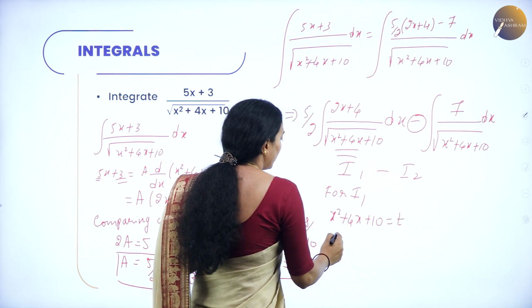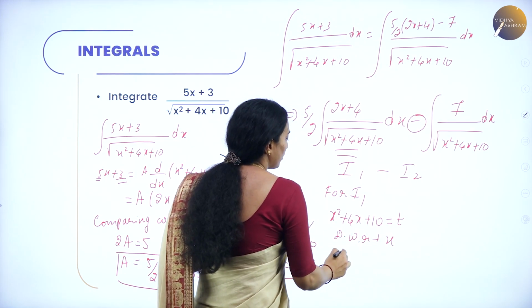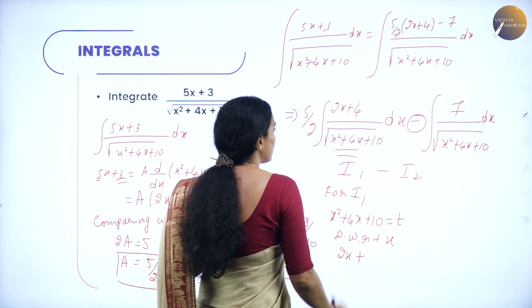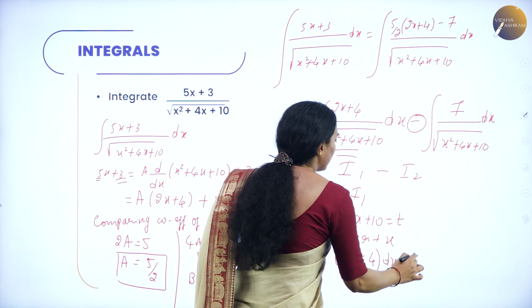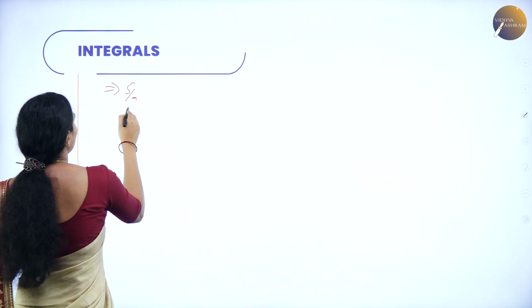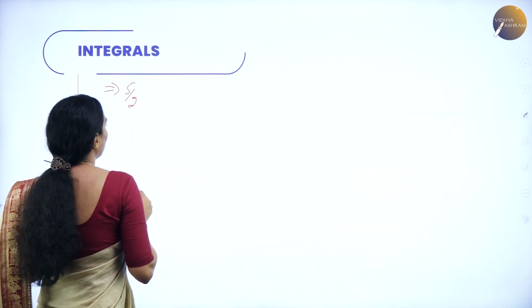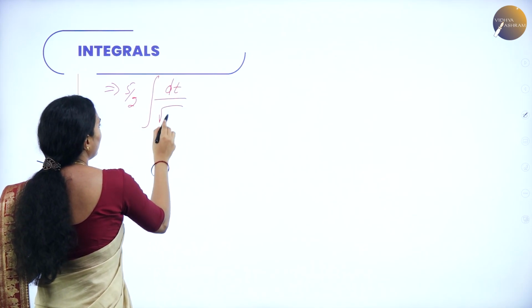Differentiating this with respect to x, the differentiation of x squared is 2x, plus the differentiation of 4x is 4, into dx is equal to dt. Now substituting for I1, 5 by 2 is already outside. Now (2x plus 4) into dx is nothing but dt, divided by under the root t.